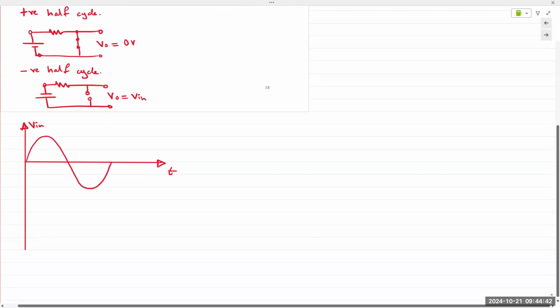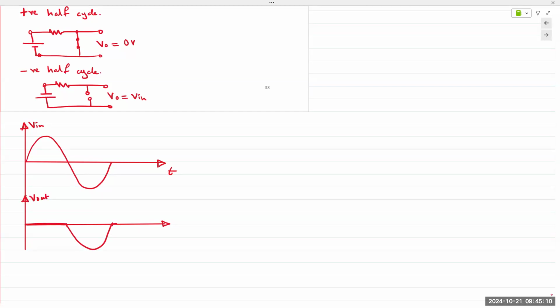The positive half cycle is cut off, or clipped, so it's completely zero. And then, of course, we have the negative half cycle as it is. This is V out, or VO. The positive half cycle is clipped, hence the name clipper circuit, diode clippers.